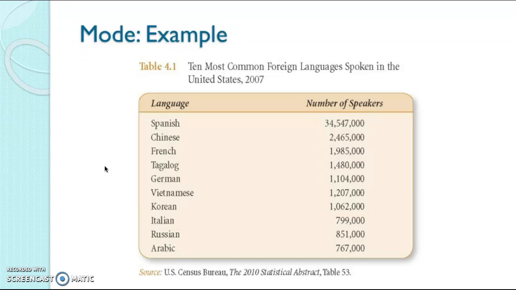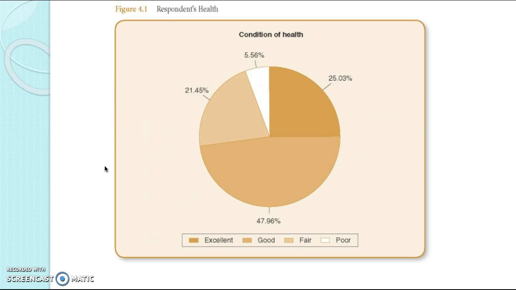So if you have data on what are the most common foreign languages spoken in the US, which is a nominal variable or nominal level of measurement, the most common non-English language is Spanish. So the modal language, the modal answer, is Spanish.